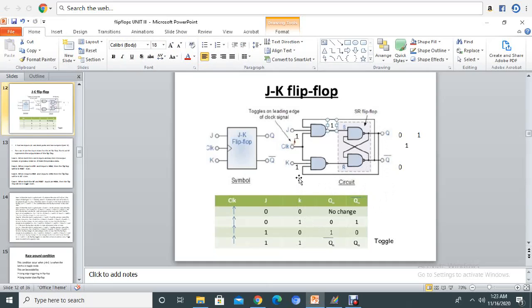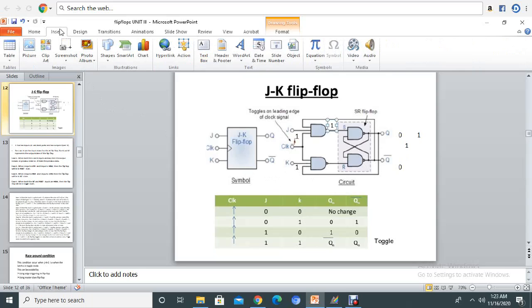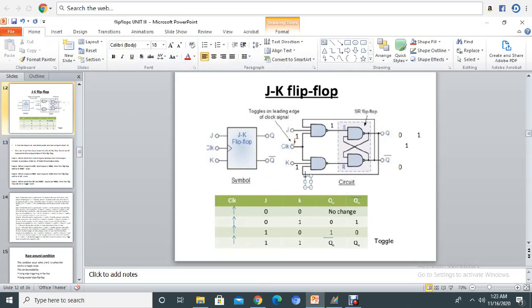Q is applied to this NAND gate. Now I am taking Q is equal to 1. So all the inputs are 1, so you will get 0 here.